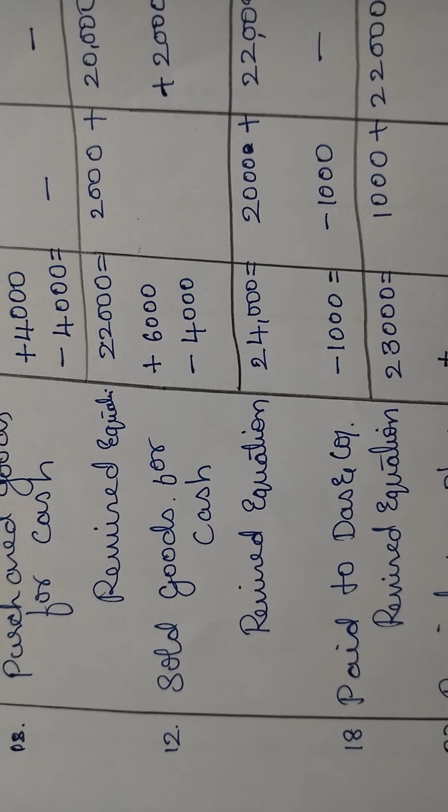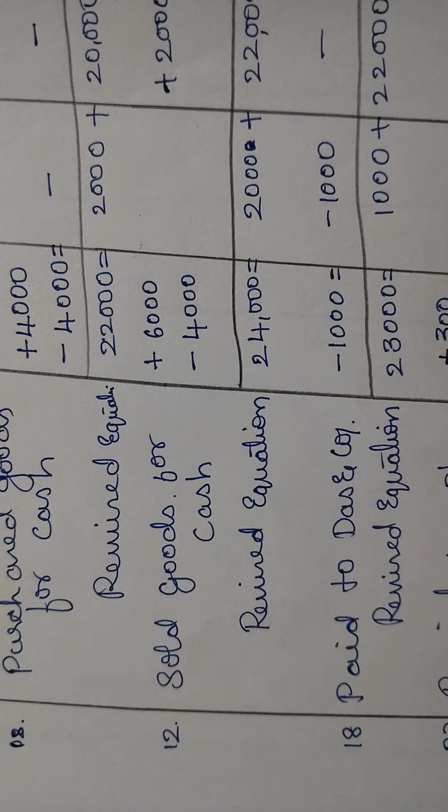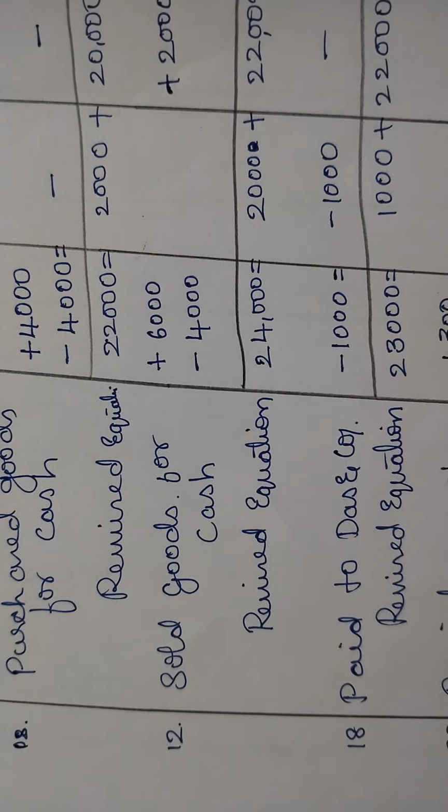For that 300 goods we gave, plus 300 minus 300, received from Bhuvan rupees 300 is a debtor.